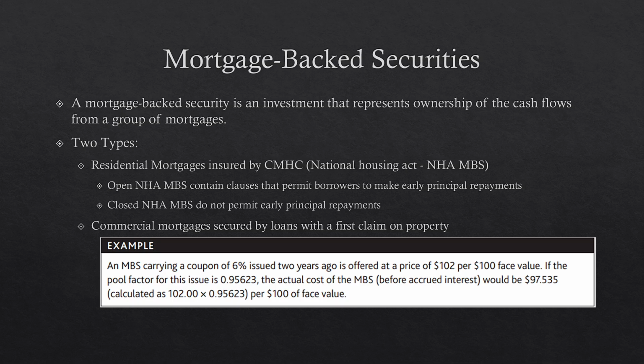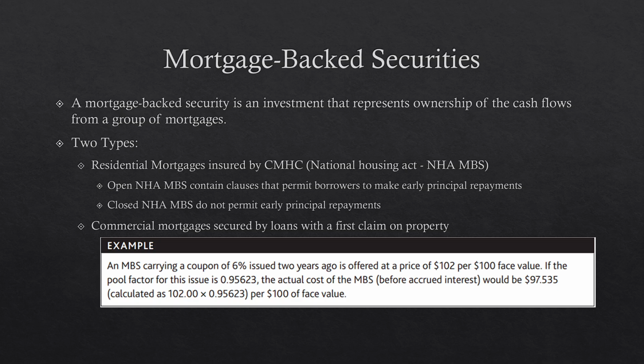Now a quick example. You have a mortgage-backed security carrying a coupon of 6%, which was issued 2 years ago. It is offered at a price of $102 per $100 face value. The reason for that is because the interest rate now is less than 6%, so that's why the current value is higher than that face value or initial principal.